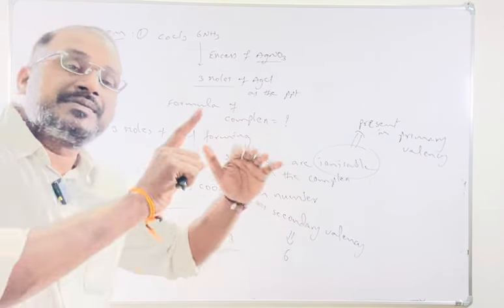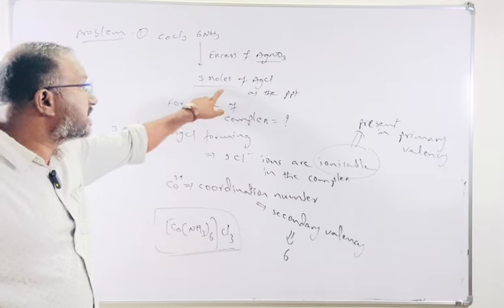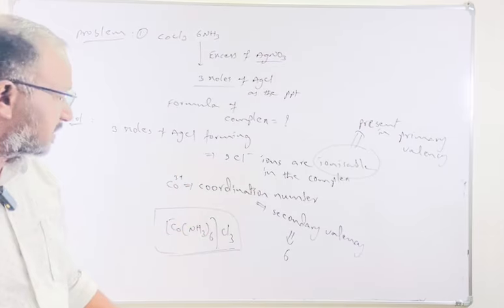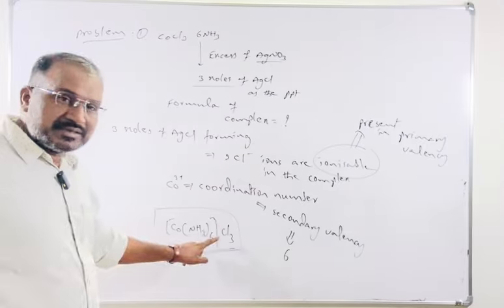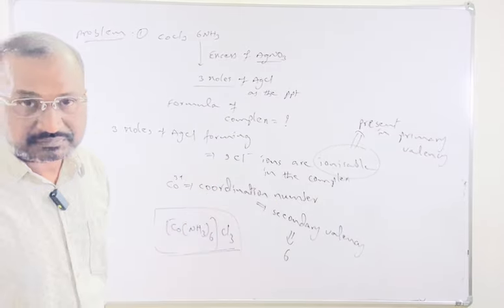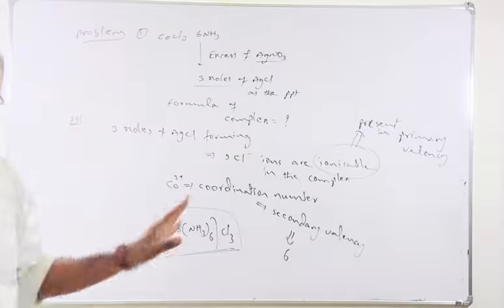So 6 NH3 are present inside the coordination sphere and 3 chlorides are present outside the coordination sphere. So the formula of this complex is [Co(NH3)6]Cl3. Like this you have to identify the answer. This is example 1, or problem 1.